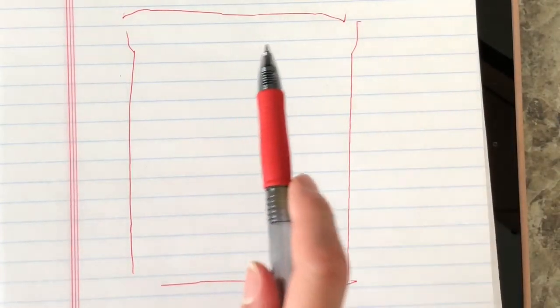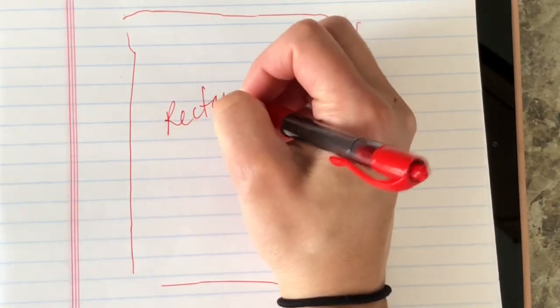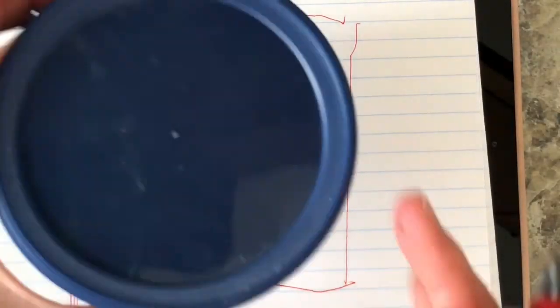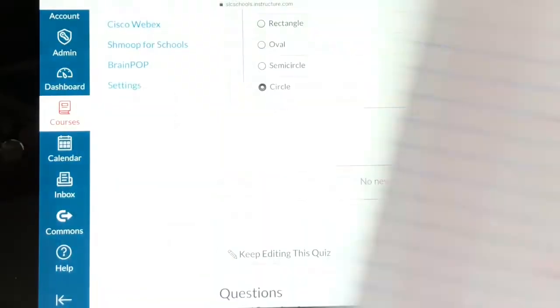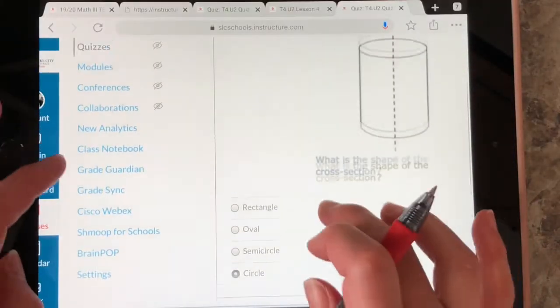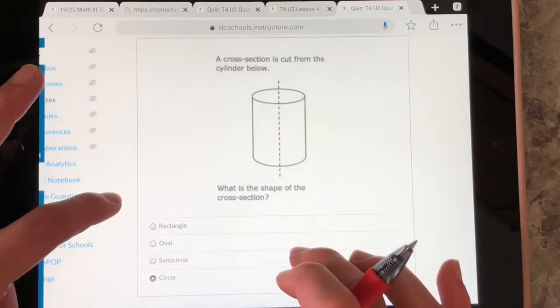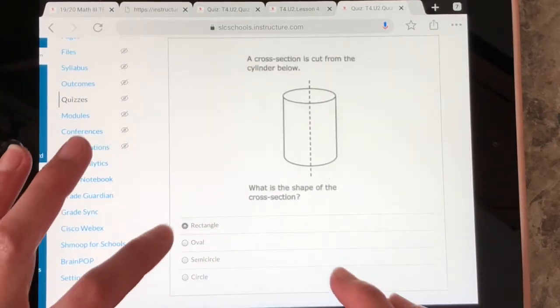What does that kind of look like? It kind of looks like a rectangle, right? So if I were to slice this right down the center, that's the exact shape that I'm going to create. The shape of the cross section here would be a rectangle.